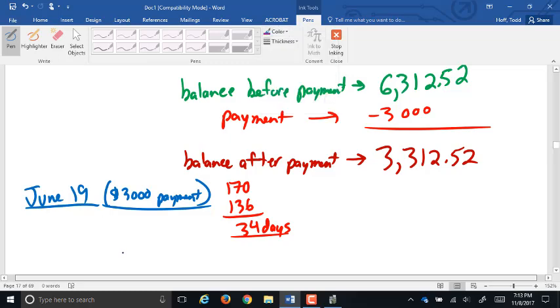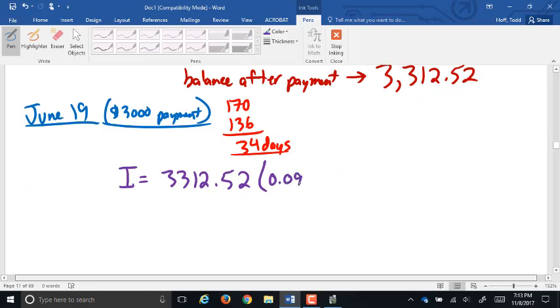What do we do next? Find the interest. So I equals the $3,312.52 times 0.097 times 34 over 360. And that gives us $30.35.